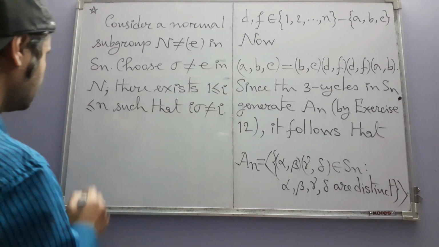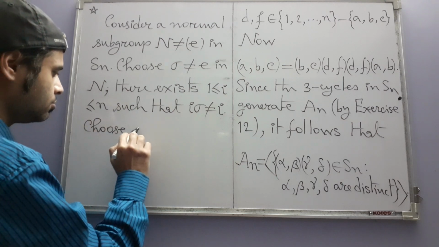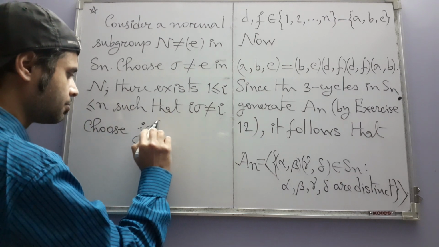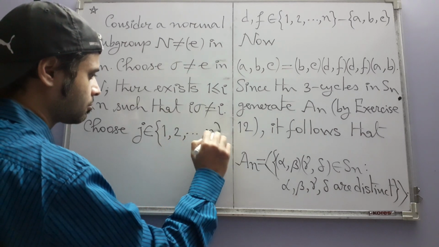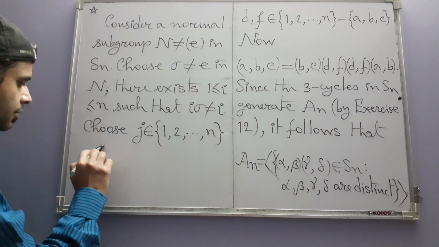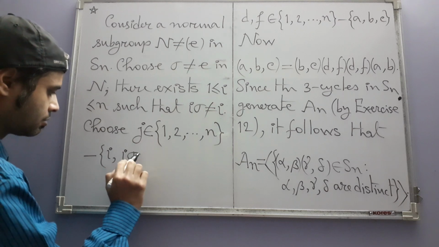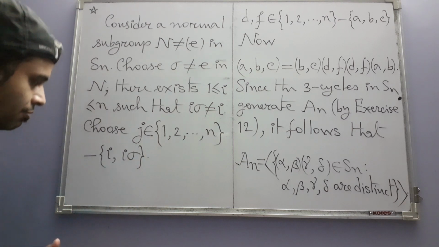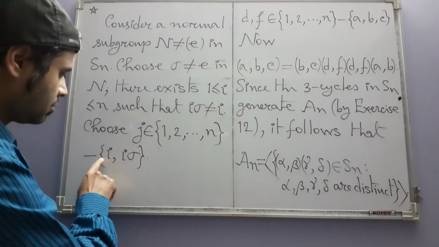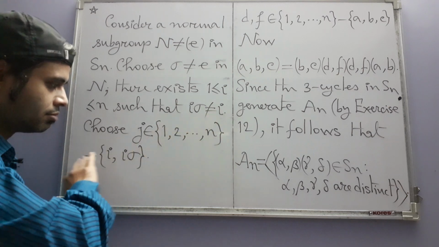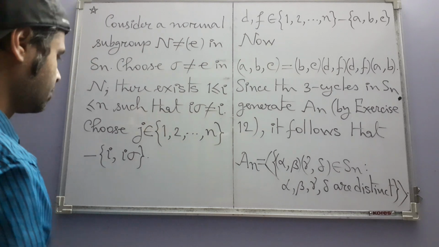Okay. Now choose a symbol J that is different from both I and I sigma, both I and the image of I under sigma, and such a choice can of course be made. N is at least 5 and I mean, if you just remove 2 from them, you can obviously make another choice.